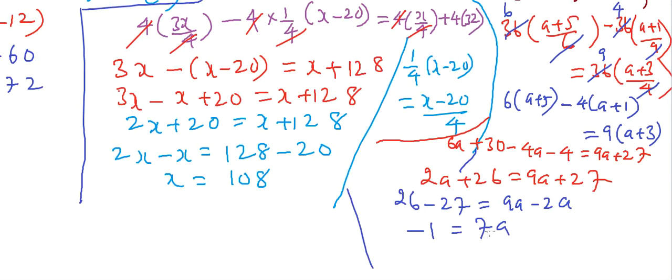Both are the same. So 7a equal to minus 1, correct. So a equals minus 1 by 7. So that's all. This is the answer or solution for this equation: the value of the variable a is minus 1 by 7.